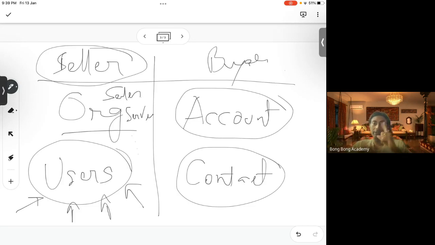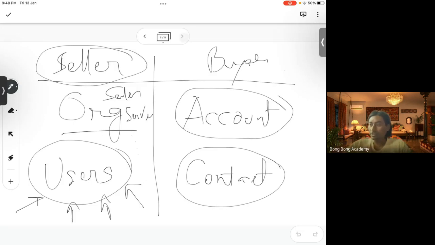That is a one-to-one relationship. When one table is associated to many rows of another table, that is a one-to-many relationship, right? That means one row of table A is associated to 10 rows of table B. That means table A has a one-to-many relationship with table B.